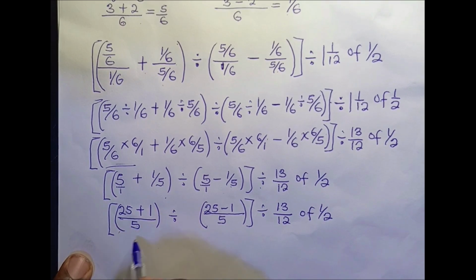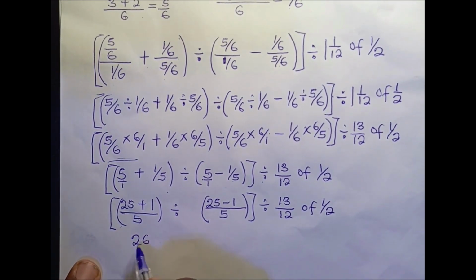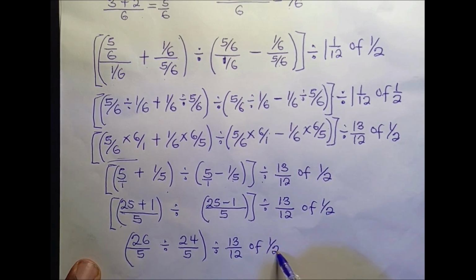So this one can be written as 26 over 5 divided by 24 over 5, bracket close, divided by 13 over 12 of half.